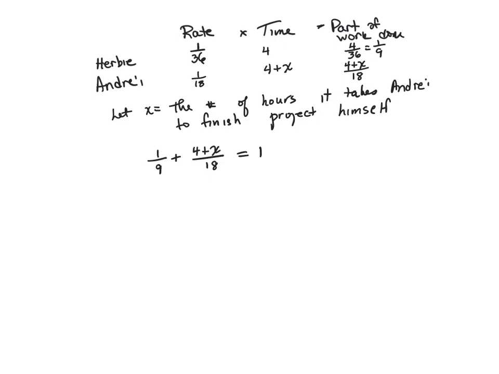Now, the various ways to solve it: we could subtract 1/9 on each side and get 8/9. Cross multiply, which is really multiplying both sides by 18. Okay, we could divide each side by 9 here.